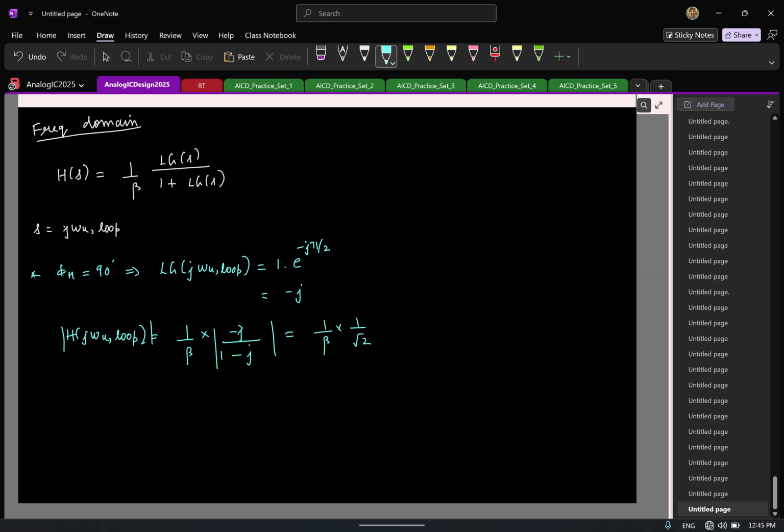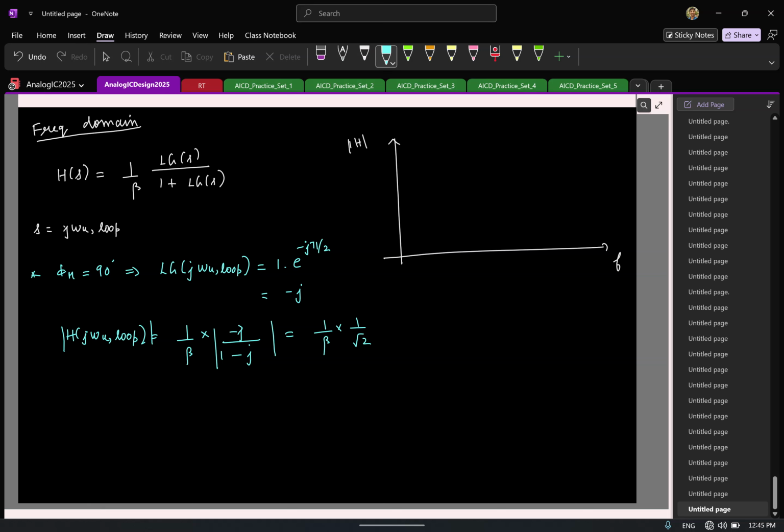Right. So if I try to sketch the closed loop transfer function magnitude alone, this is the magnitude of the closed loop transfer function versus frequency. At low frequency this is 1 by beta, and I know that at the unity loop gain frequency this will have a 3 dB drop.